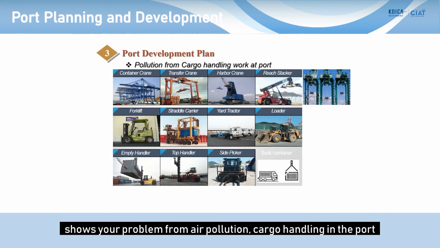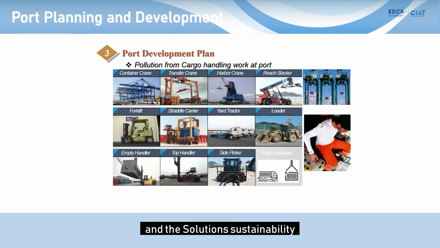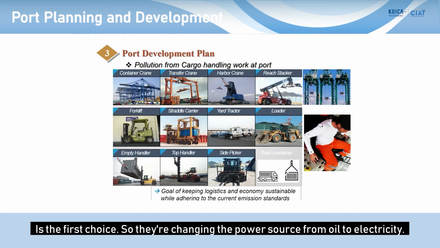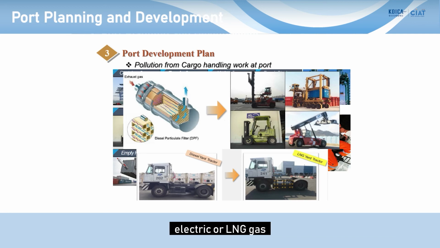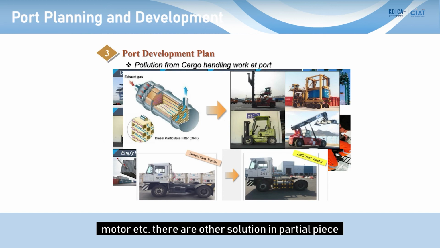This slide shows the problem of air pollution from cargo handling in the port and solutions. Sustainability is the first choice. So they are changing the power source from traditional oil to electric or LNG gas motors, etc.